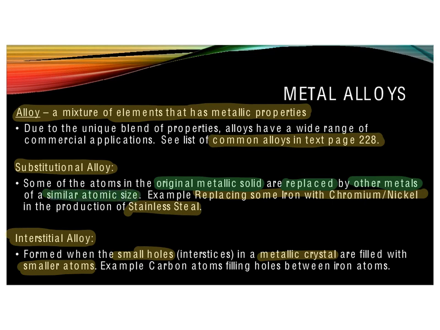Whereas in interstitial alloys, we go in and fill the small holes between the metallic atoms in the metallic crystal with smaller atoms. So that's like adding carbon between the holes of iron atoms to make carbon steel.